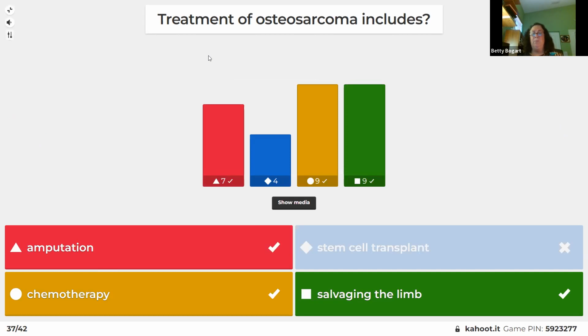So we would prefer to salvage the limb, but amputation is something they have to do sometimes. And chemo. Stem cell transplant does nothing. It has nothing to do with osteosarcoma. You need to shrink it with radiation and chemo and get rid of it. You have to remove it with surgery.